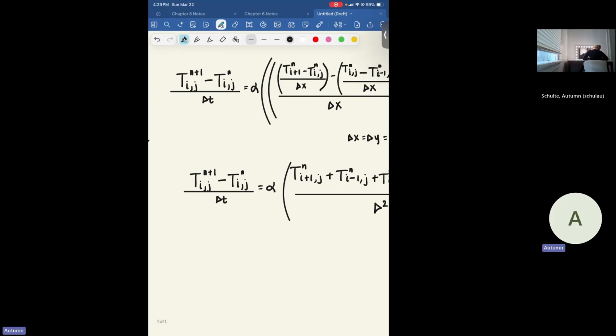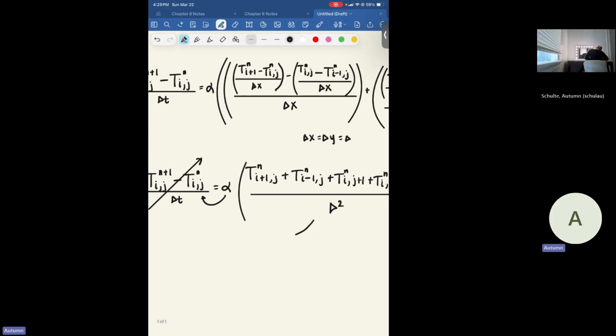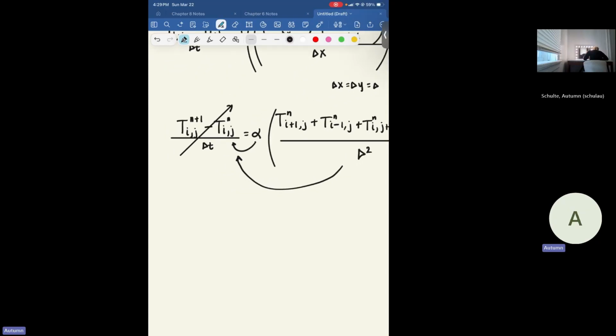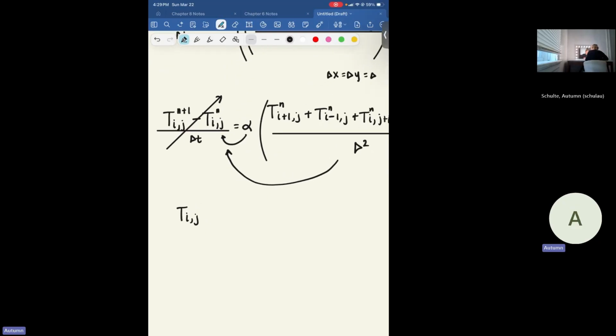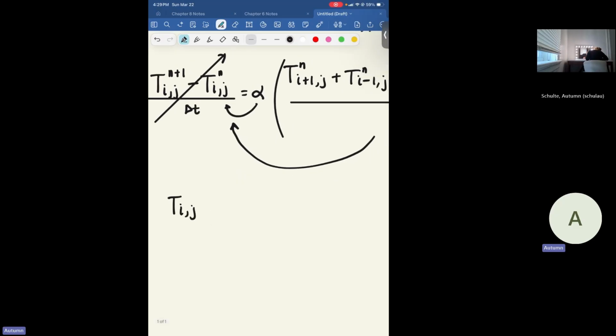So now I am going to cancel this out. We can move our alpha term over as well as our delta squared term over to cancel them. Then we're going to be left with the temperature at our position. And if we assume that this is after a long time, we don't need to include our n's anymore for our counters.